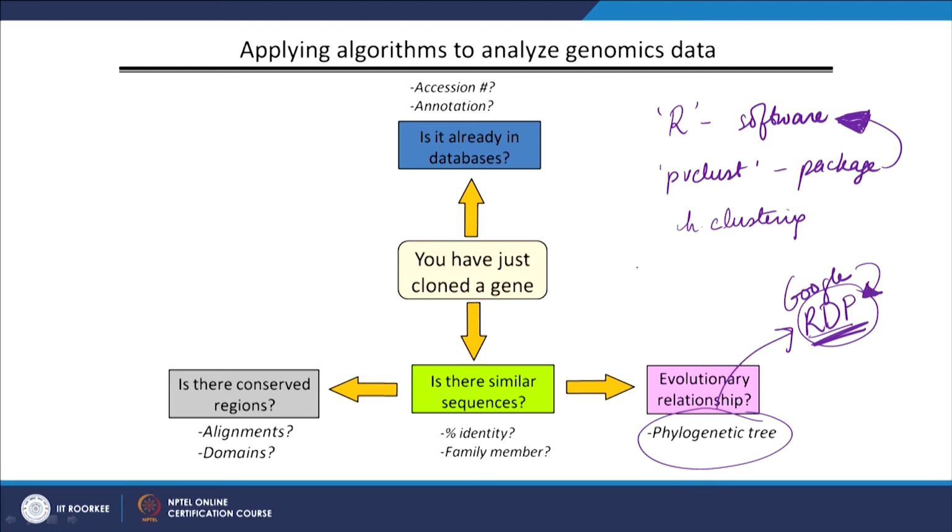So once you have a phylogenetic tree, it will look like this typically. It will have dendrograms, and then whenever you see different microbes coming from a similar stem, we can say this is the common ancestor of all these. And then if this is the initial stem, then this is the common ancestor of all these. So this is evolutionary relationship.